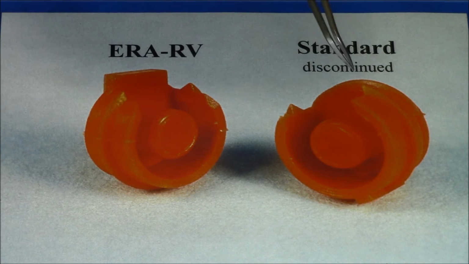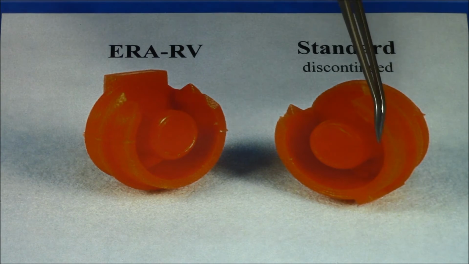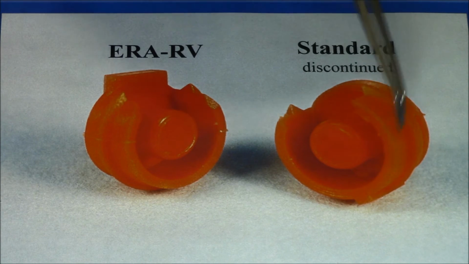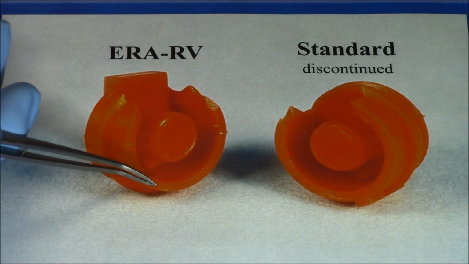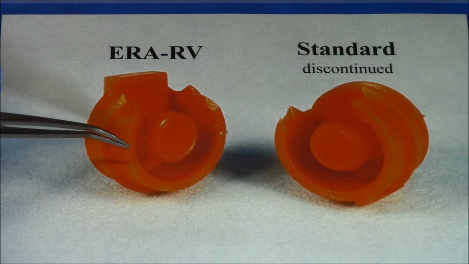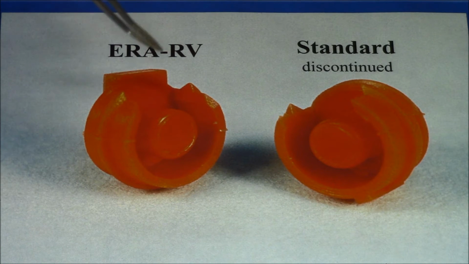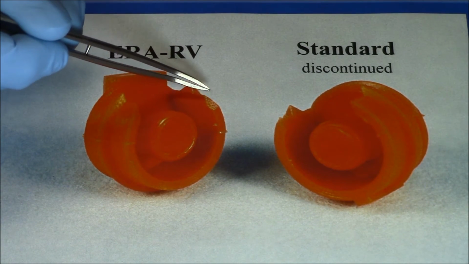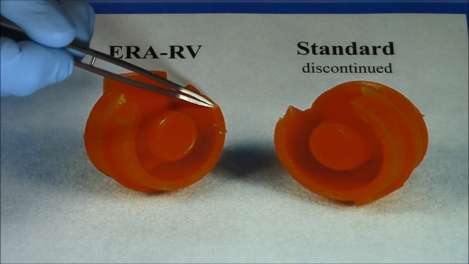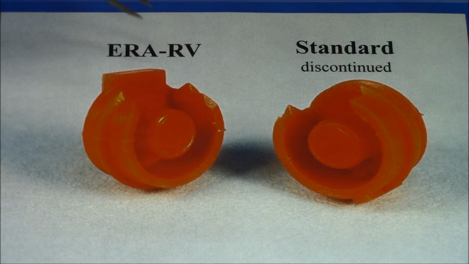The other difference is on the side opposite the wide opening, there's a little strut that runs up the distal surface, where on the RV there is no strut. The reason for this little tab is to keep it from turning in the acrylic. The other change we made was we cut off these corners, where these corners are a little sharper in the standard.